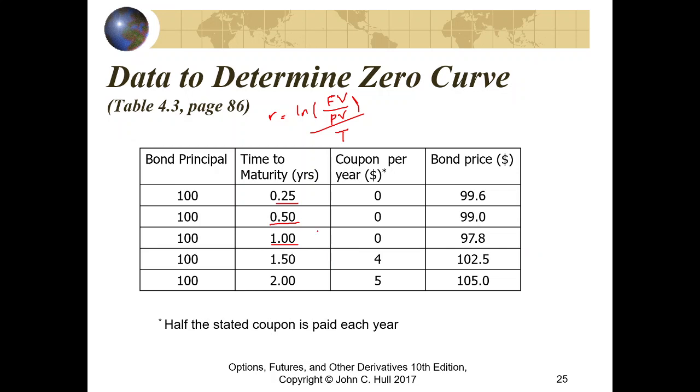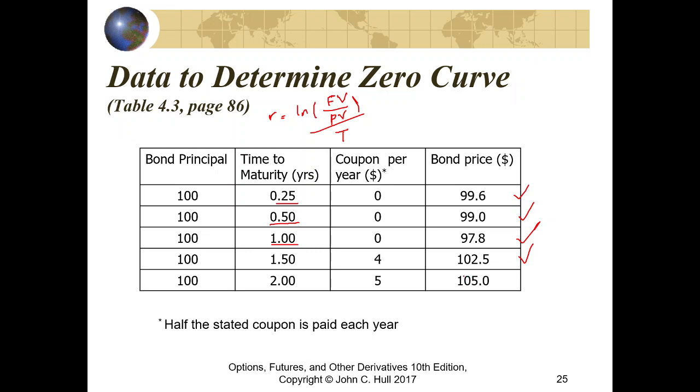Next, we found the zero rates for 3 months, 6 months, a year, and 1.5 years. Now we need to find the zero rate for the period of 2 years.